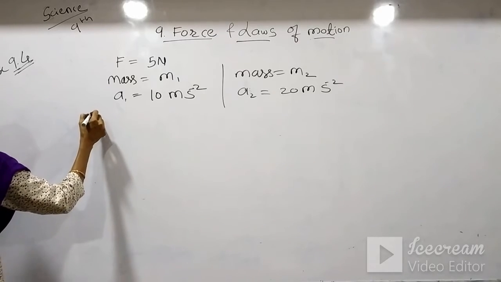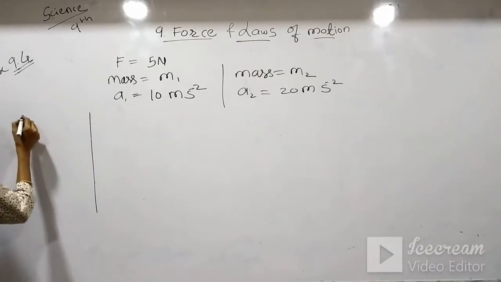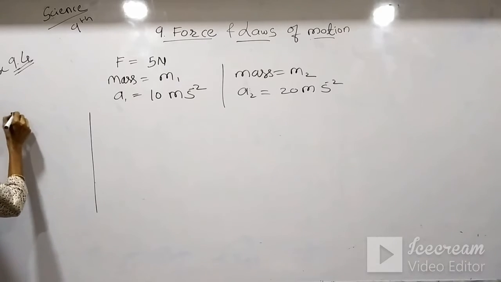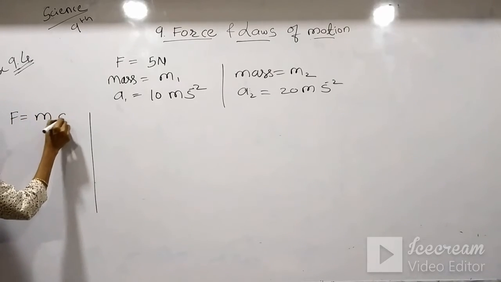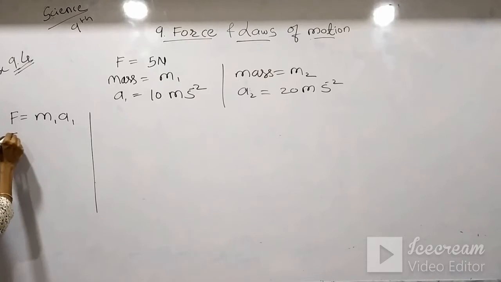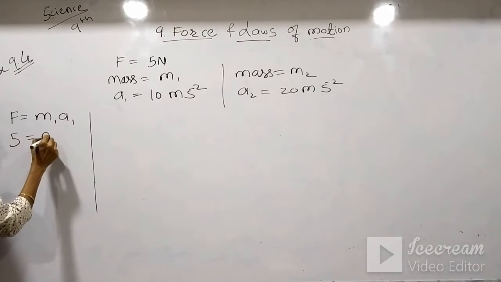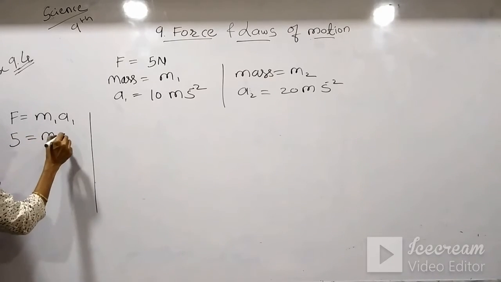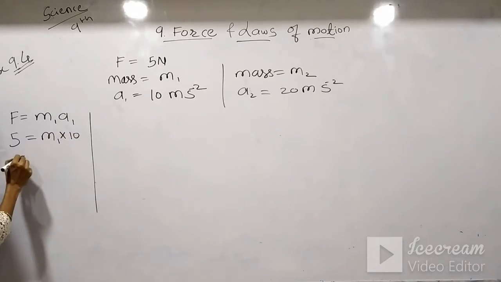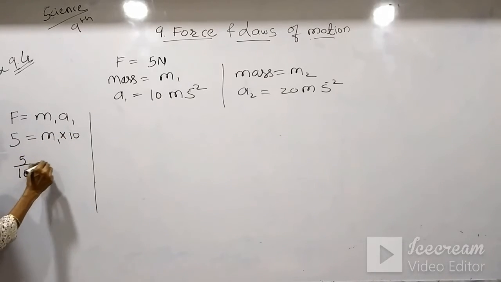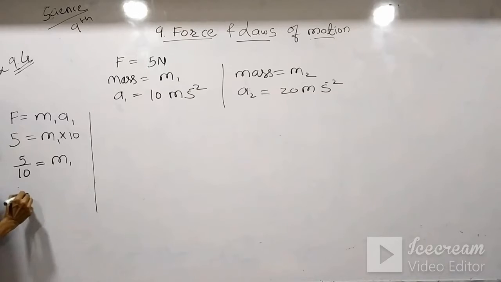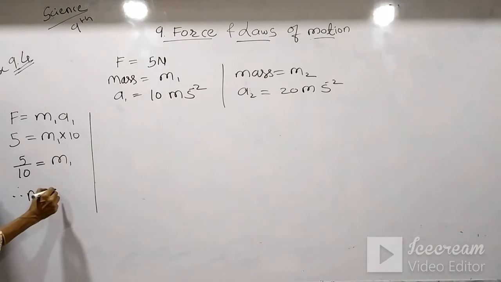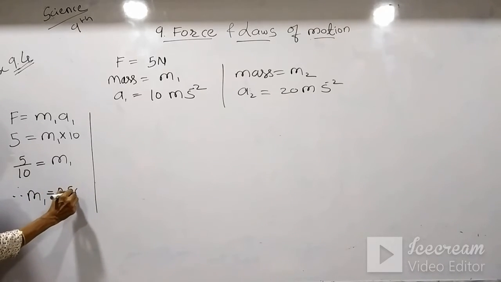Okay. So here we can say F is equal to m1 a1. F is 5. What is m1? That we have to find out. a1 is 10. So 5 upon 10 is equal to m1. Therefore, m1 is equal to 0.5 kg.